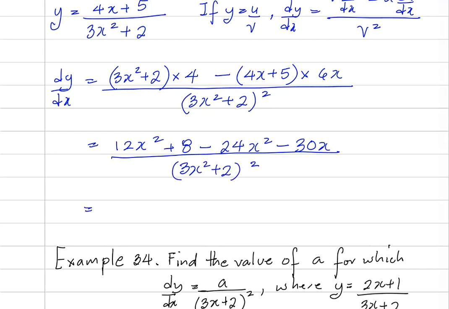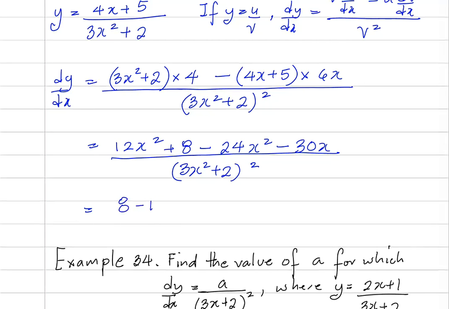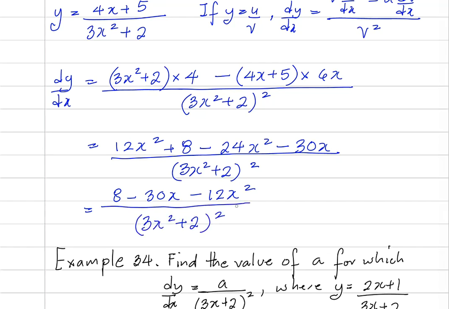All right, so to finish, we have 8, let's put the positive number first, minus 12 minus 30. So we have 8 minus 30x minus 12x squared, and this is all over 3x squared plus 2 all squared.